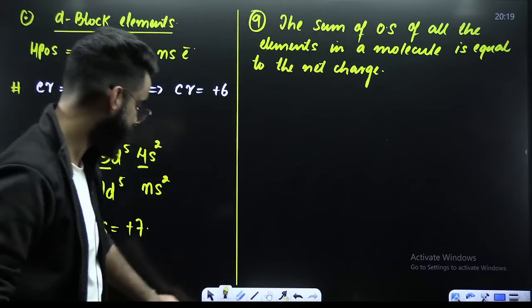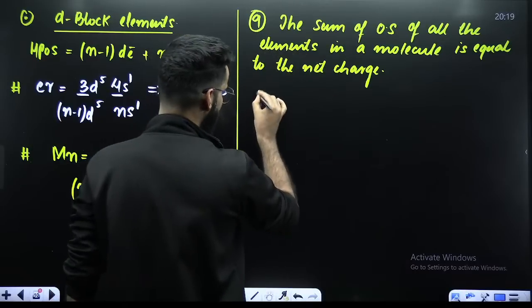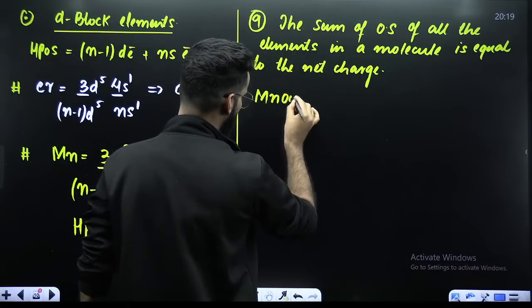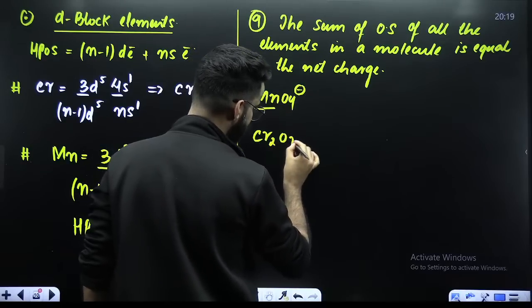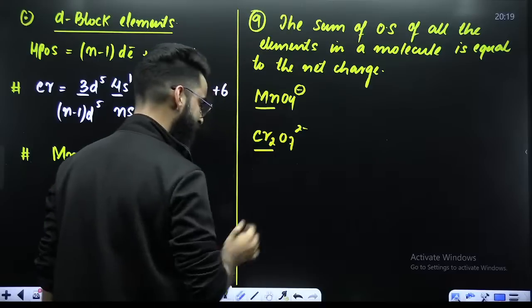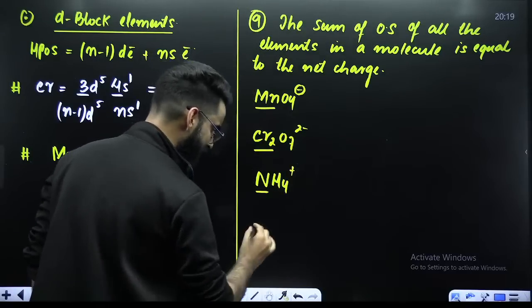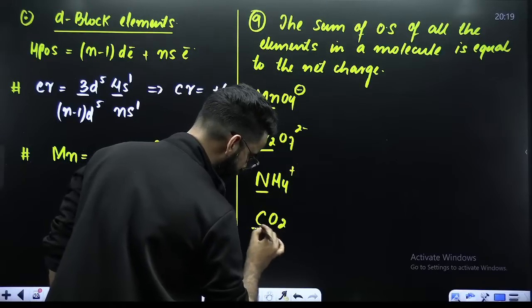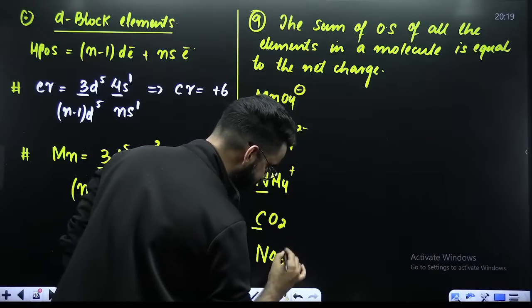For example, try to understand now. My dear students, I'm taking the example of MnO4 negative. Let's say I'm writing Cr2O7 di negative. For example, we have got NH4 positive. Let's say we have got simple carbon dioxide. For example, I have got NO3 negative.